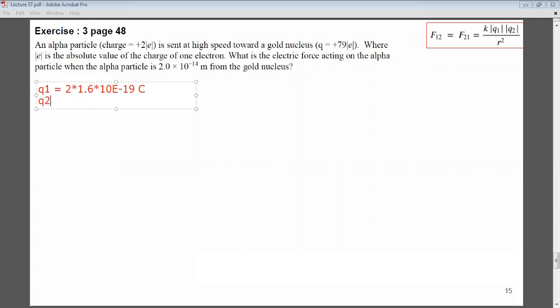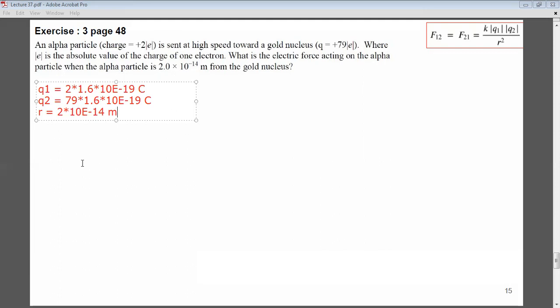Q2 is 79 times 1.6 times 10 power minus 19 coulomb. What is the electric force acting on the alpha particle when the alpha particle is 2 times 10 power minus 14 meter from the gold nucleus? So we have r equal to 2 times 10 power minus 14 meter.